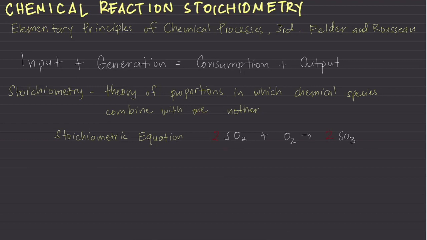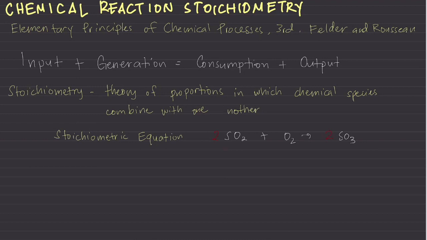Pwede tayo makapag-solve ng amount ng product na mapoproduce from the amount ng finifeed sa isang process by using ratios din.